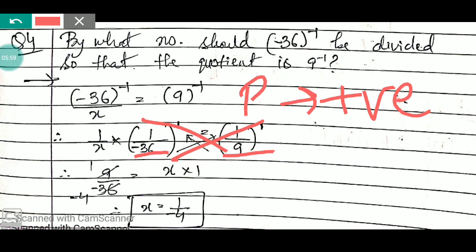Or you can take 9 this side and x this side. So this becomes 9 upon minus 36 is equal to x. By cutting, 9 4s are 36, we get the answer x is equal to minus 1 upon 4.